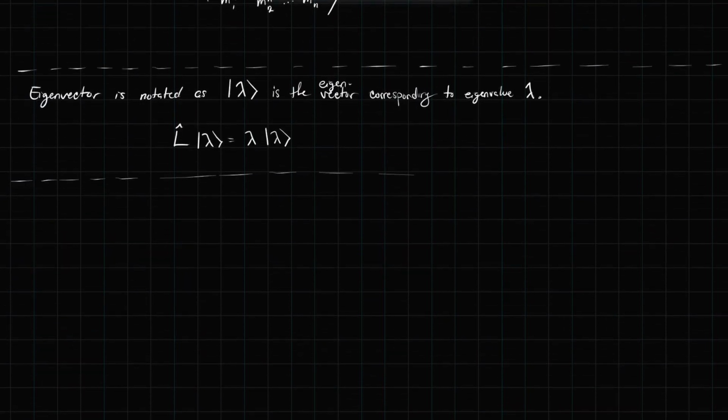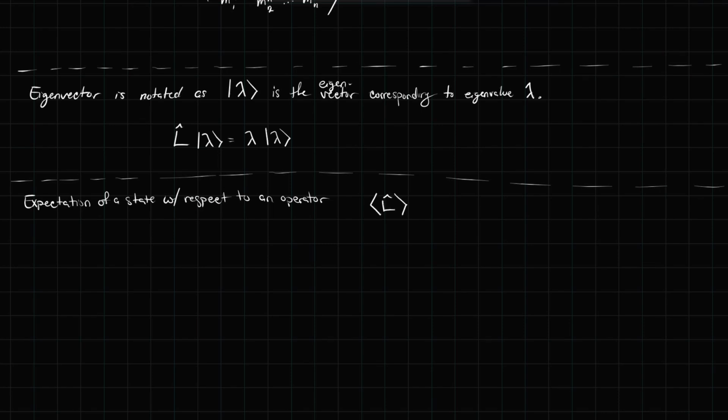And then we can compute something called the expected value, or the expectation, of a state with respect to an operator. So this is often written as bracket operator bracket state, subscript state. This is going to be the inner product of one state, and then the operator comes in and acts on the same state.